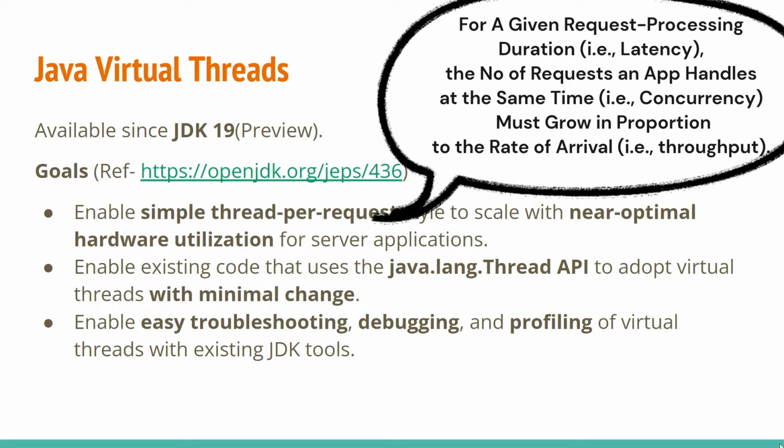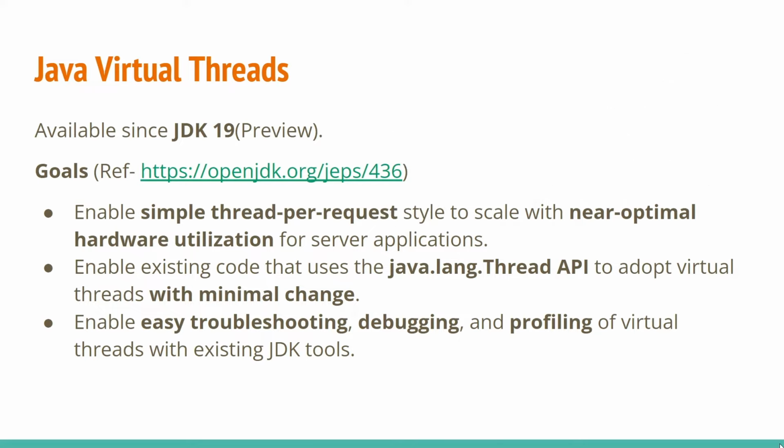And because the number of platform threads was limited by the number of OS threads that can be created, that was the main trigger point to create these virtual threads. So both structured concurrency and virtual threads would add good value in modern microservices applications.